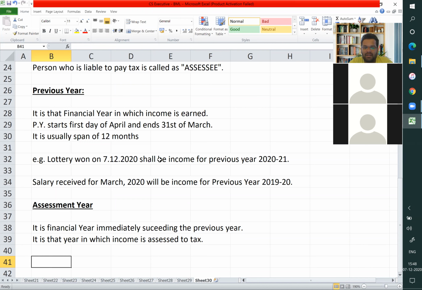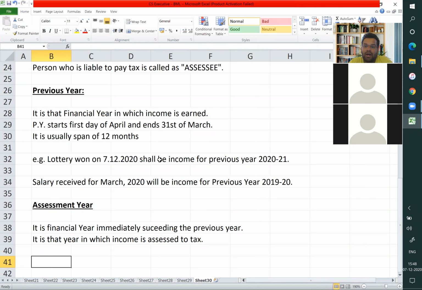Once you write your paper, what does the examiner do? He verifies your paper, checks your paper, and determines your marks. So determination of your marks is done after you submit the paper, correct?